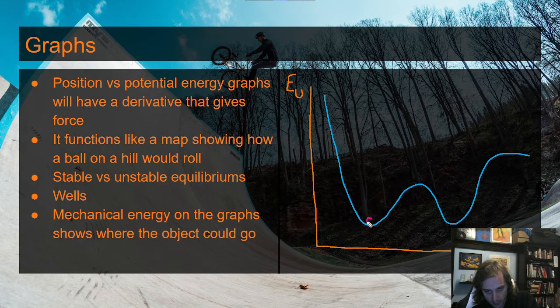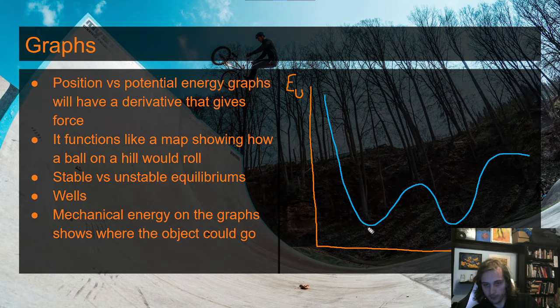If you had an object here and you gave it a little push so that it was here now, the force would go the opposite of the derivative, so the force would go back here. And so that object would get pushed back here until it reached this point, at which point it would go a little bit over and then get pushed back here. So even if you push it a little bit, the object will get pushed back towards the middle and it'll stay in basically the same spot.